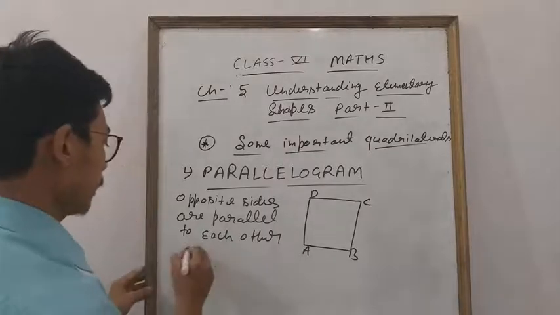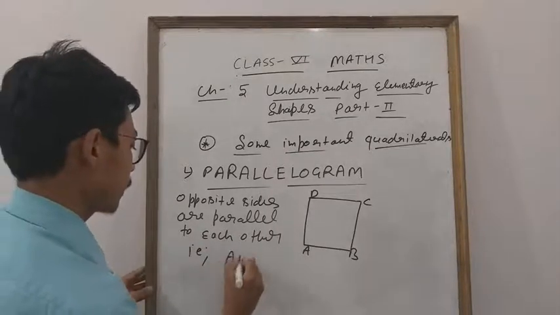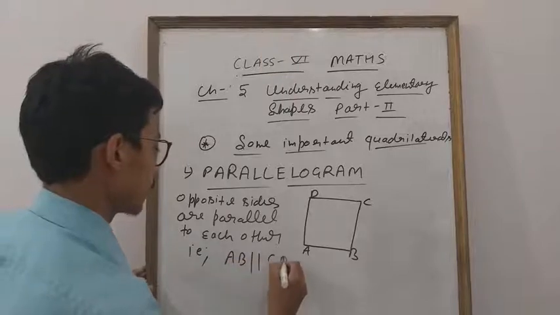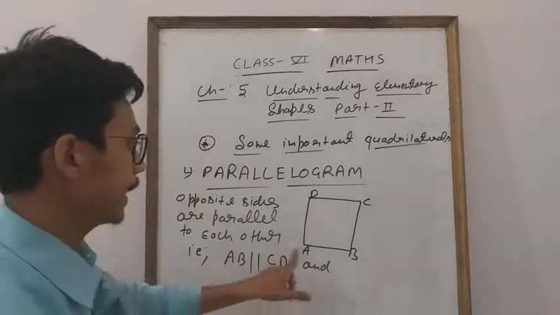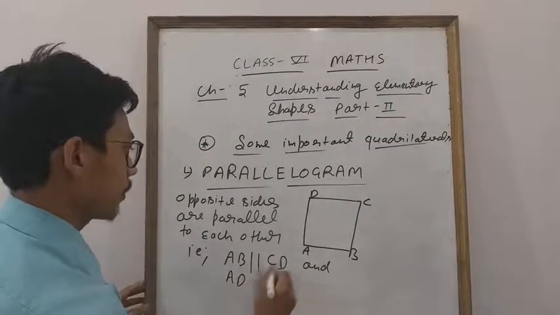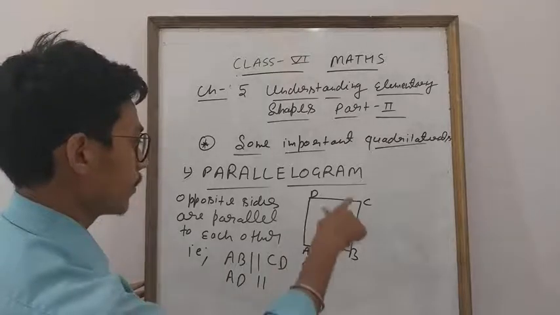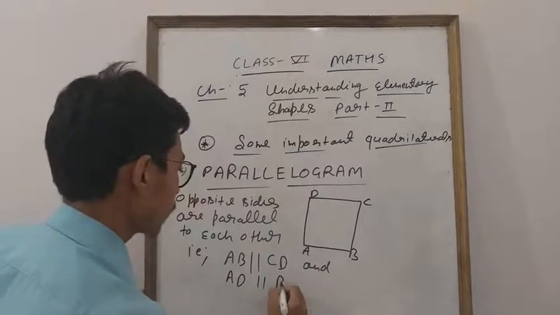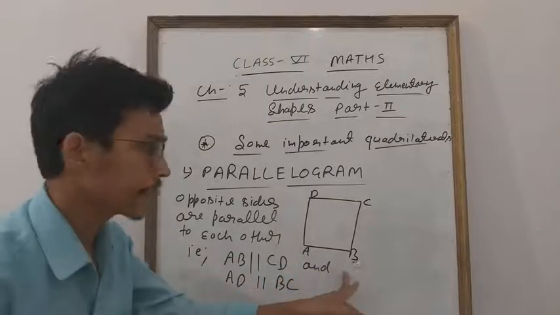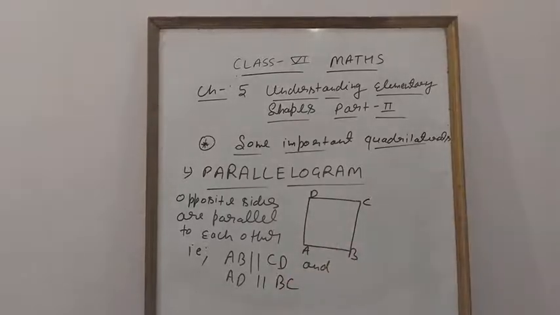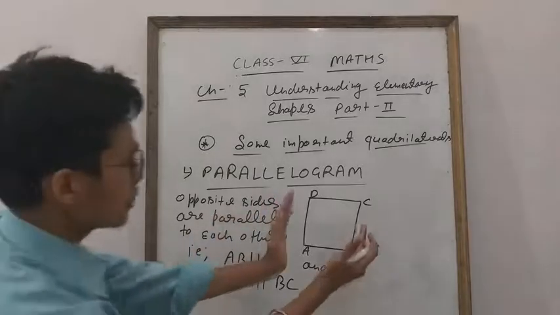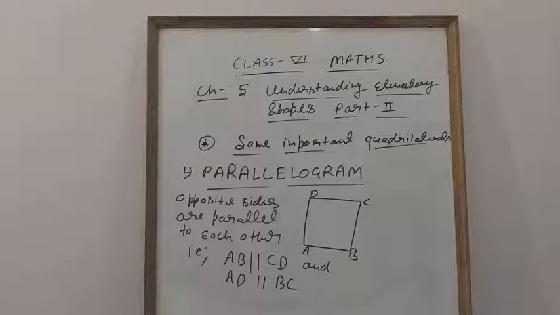It means AB is parallel to CD, and AD is parallel to BC. They will never meet each other. So they are known as parallelogram. When you see the diagram in the book, you will find that this diagram is a little bit tilted. So this is the property of the parallelogram.